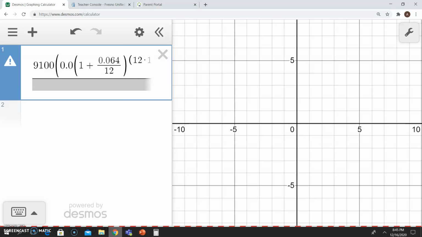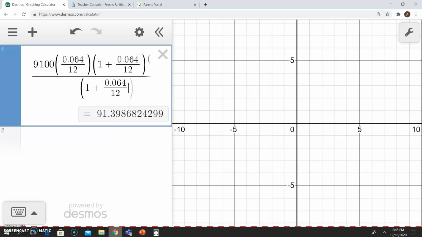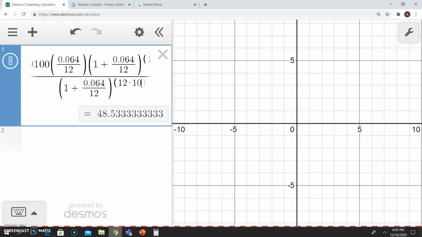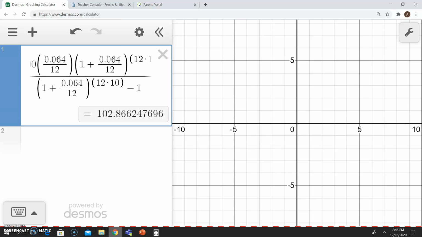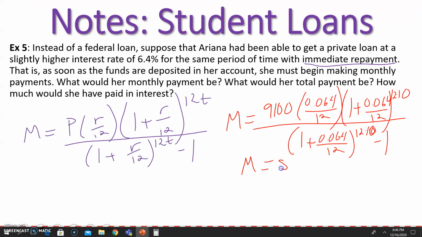Let's get that in: 0.064 over 12, 1 plus 0.064 over 12 to the power of 12 times 10 minus 1. Let's make sure everything's good. That looks right. So it looks like $102.87 a month, every month for 10 years, will cover the cost of her college.